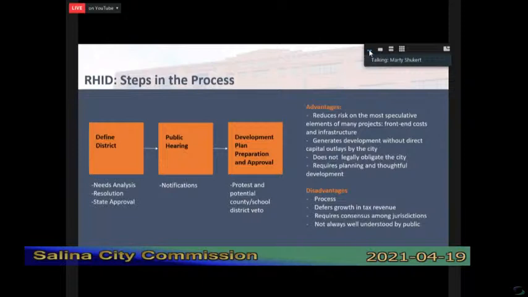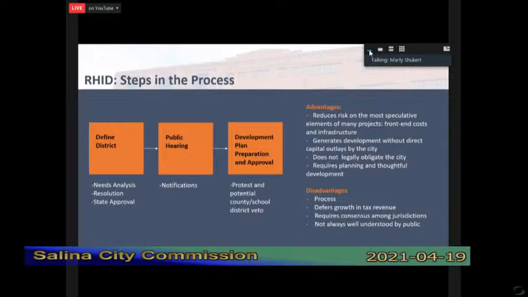There is a public hearing that has to be held before the district can be formed, and that requires notifications not just of the public, but also of the taxing jurisdiction. So the school district and the county need to be notified.